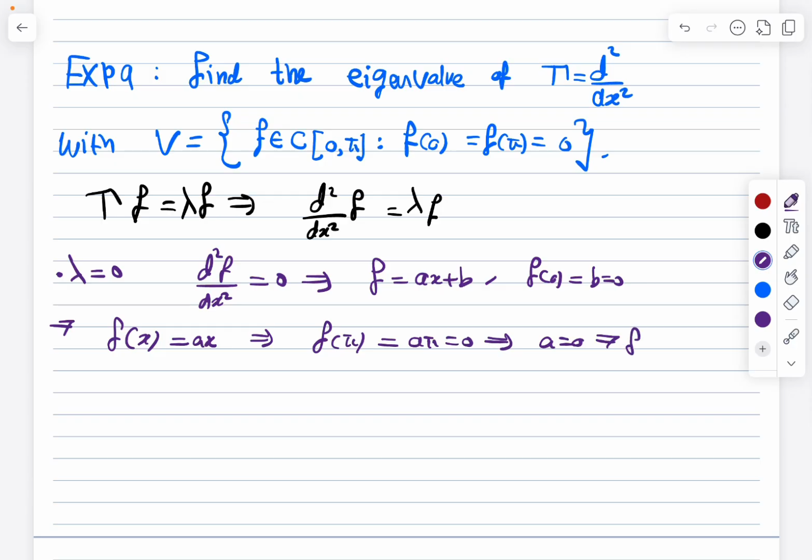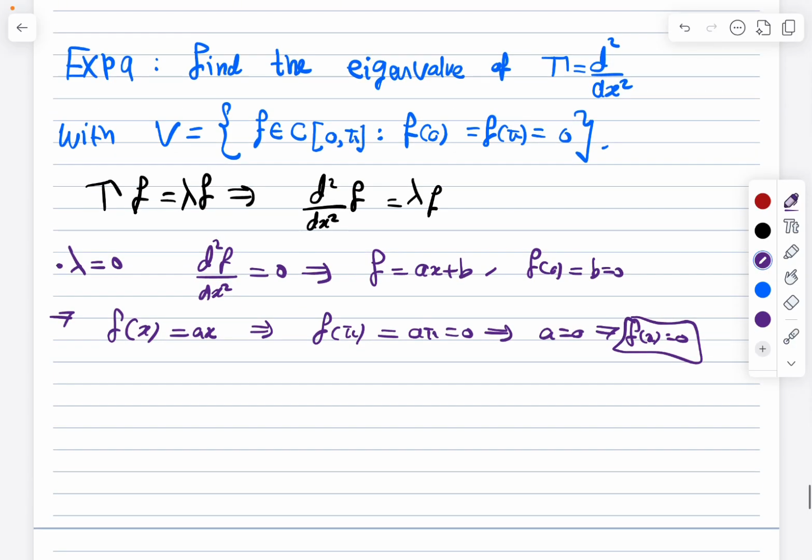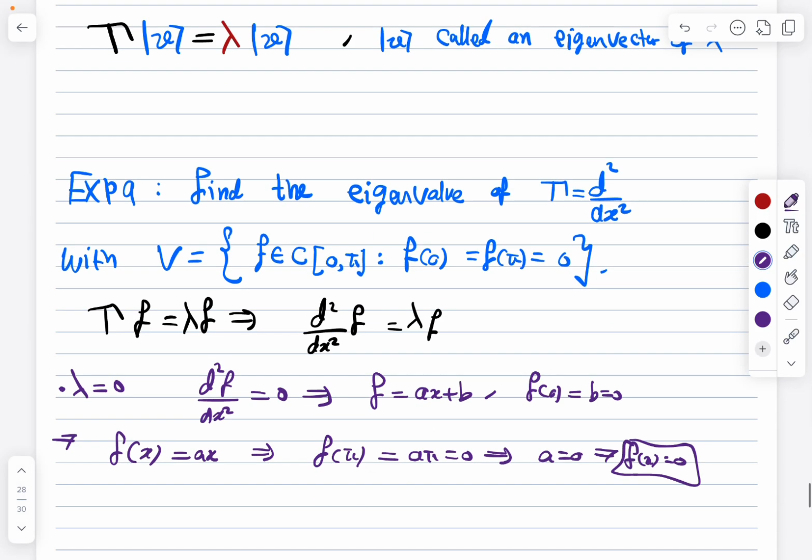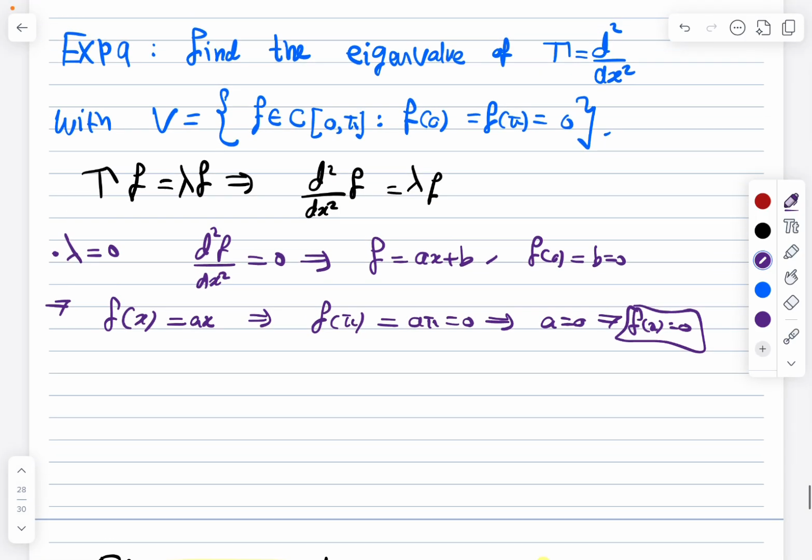So that means f of x equals 0, but that cannot be possible. Why is that? Because we say that v must be non-zero in order to have an eigenvalue. Thus, lambda equal to 0 is not an eigenvalue.